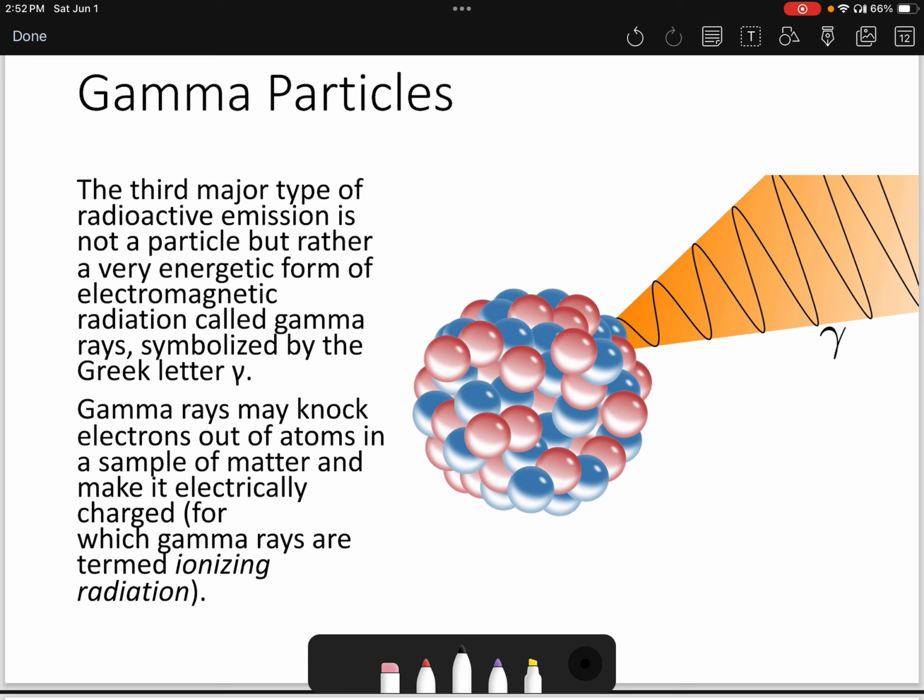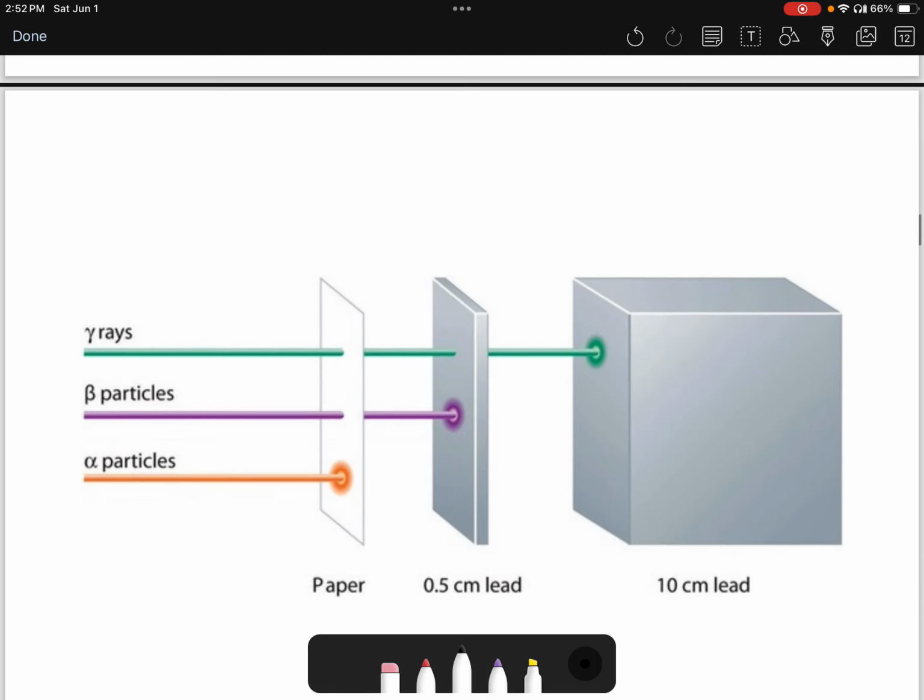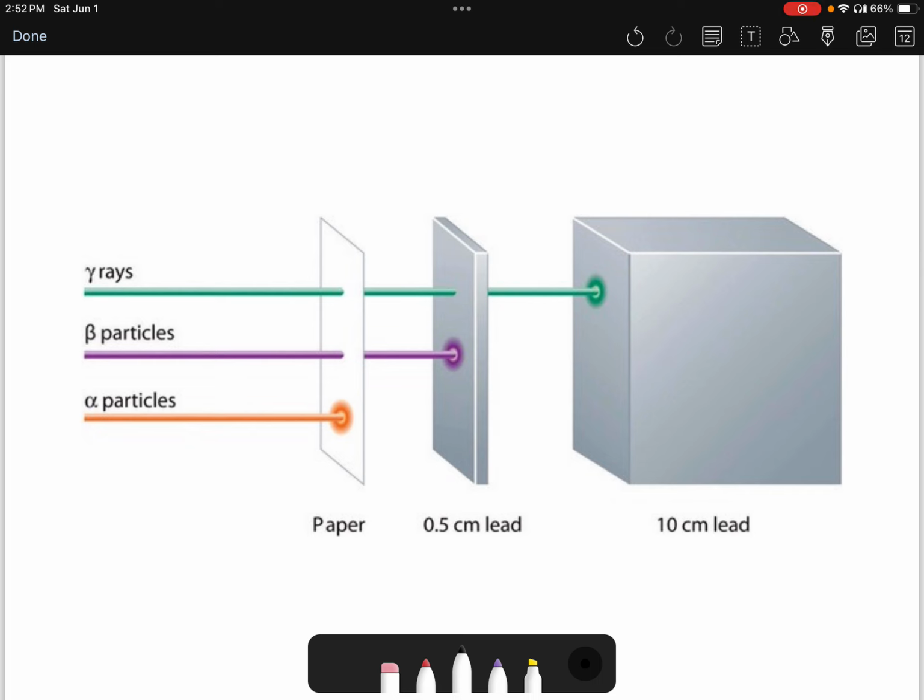These can do some damage, right? In fact, gamma rays can knock electrons out of atoms. Sometimes they're called ionizing radiation, because if they can knock an electron off of something, that something becomes charged, or becomes an ion. This brings us back to our first slide, where I was showing the different types of radiation: alpha particles, beta particles, and gamma rays.